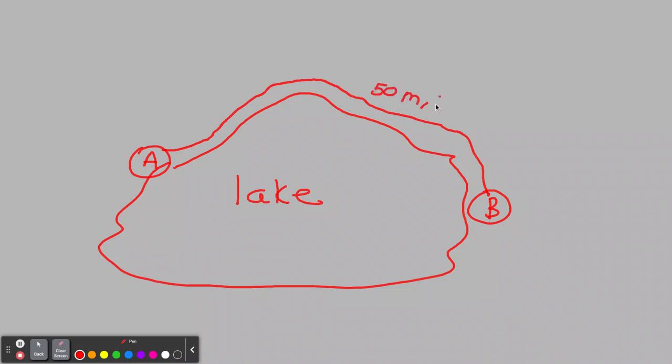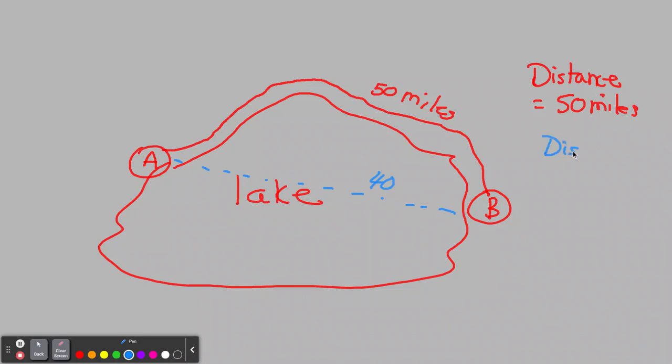The distance you traveled is 50 miles. But if you want to know how far A and B are from each other, that's their displacement. So we can use this dotted line. Let's say the dotted line displacement is 40 miles. So the displacement is only 40 miles. See the difference?